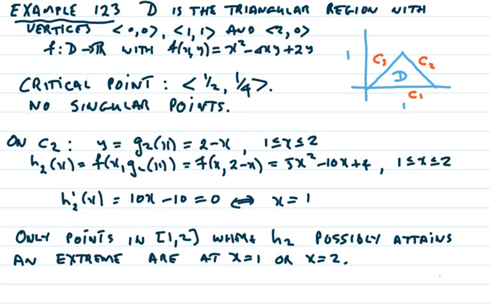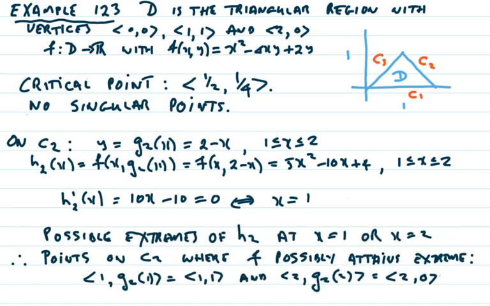As you can see, the only points where h2 can possibly attain an extreme are when x is 1 or x equals 2. Since the possible extremes of h2 are at x equals 1 or x equals 2, it follows that the points on C2 where f possibly attains an extreme value are the points (1, 1) and (2, 0).